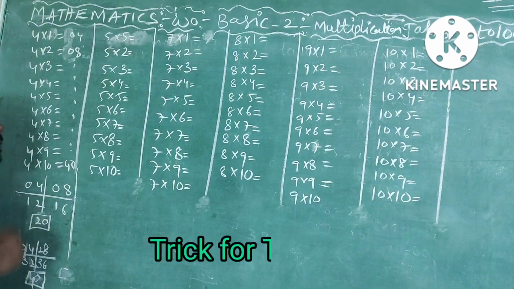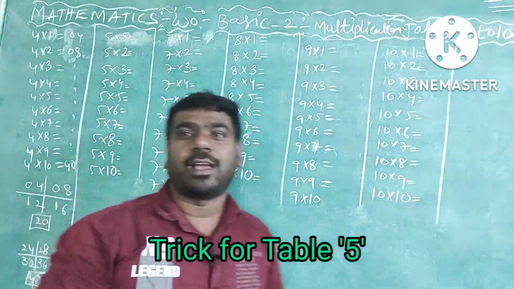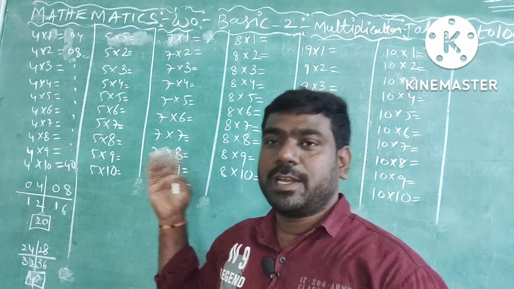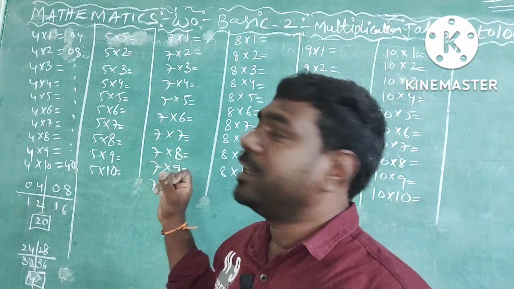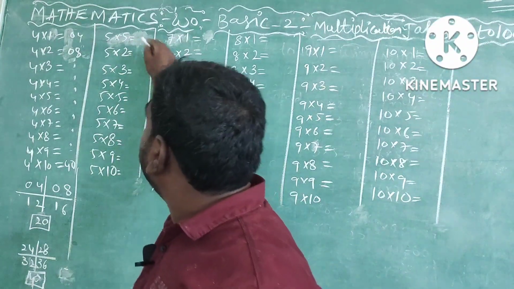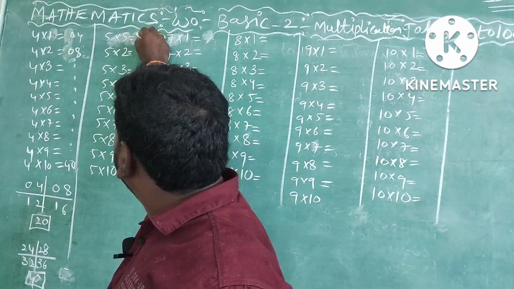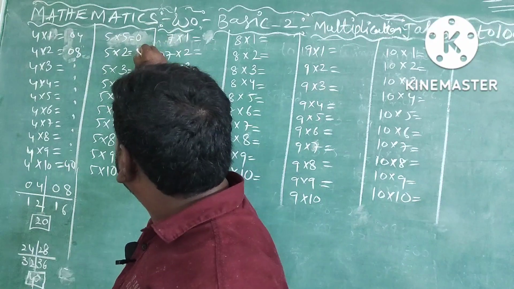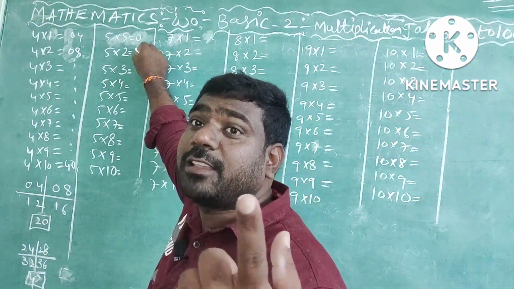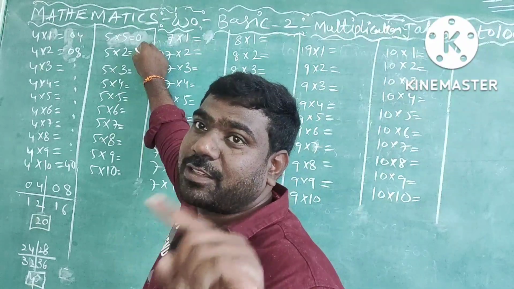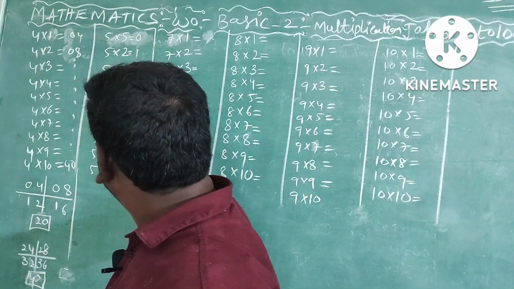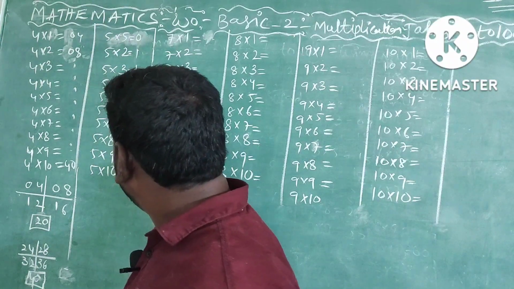What about the trick for the 5 table? Actually the 5 table is very easy. Every student can write it easily, but here I will explain in a simple manner. Starting with the number 0, take 0. Next is 1. Then take the numbers twice onwards: 1 1, 2 2, 3 3, 4 4, 5.